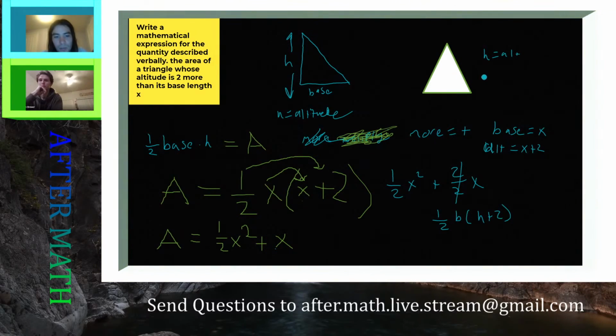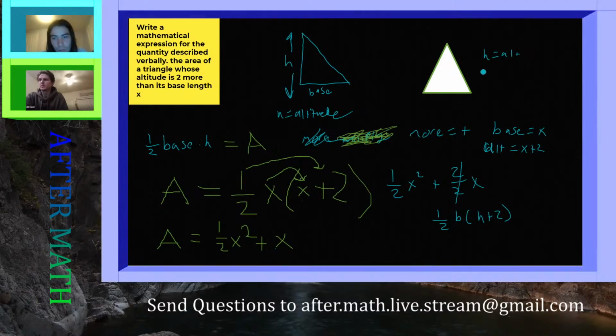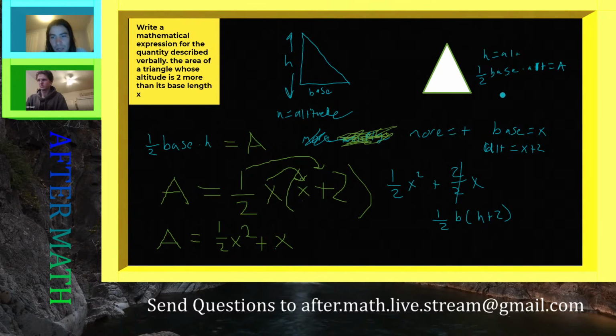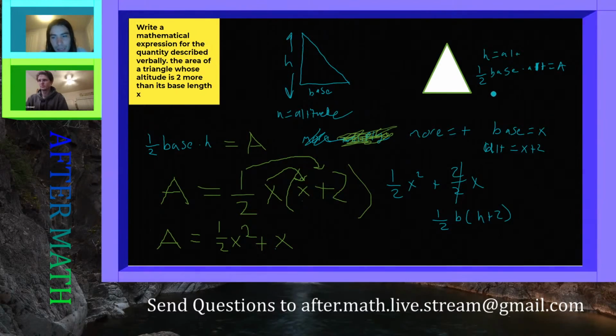So if I rewrite out the whole area equation, we have 1/2 base times alt, equals A. And then we know that it says the area of the triangle whose altitude is 2 more than its base length. So alt is equal to base plus 2.